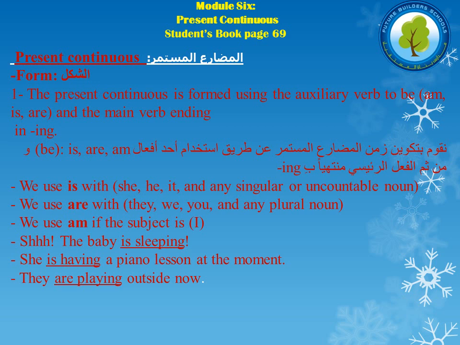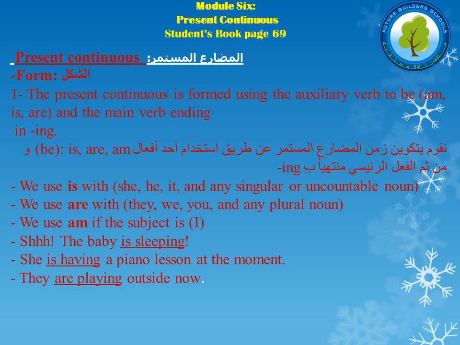We use is with he, she, it, and any singular or uncountable noun. نستخدم is مع المفرد سواء الضمائر she, he, it، أو أي اسم مفرد أو أي اسم غير معدود.